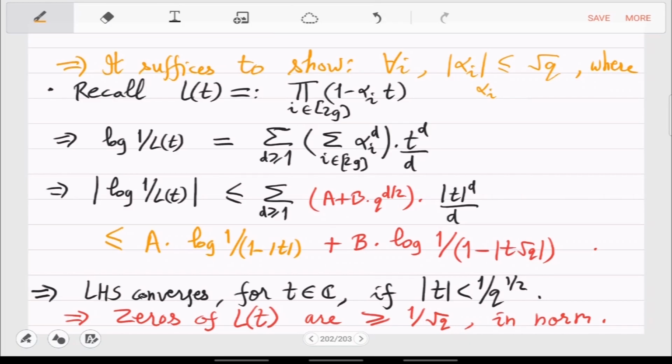Where alpha i are roots of, they come from L_T comma C begin, which I think we are calling LT now.